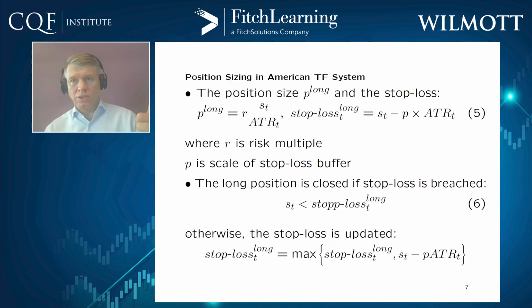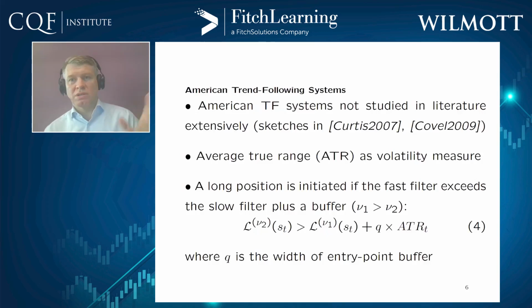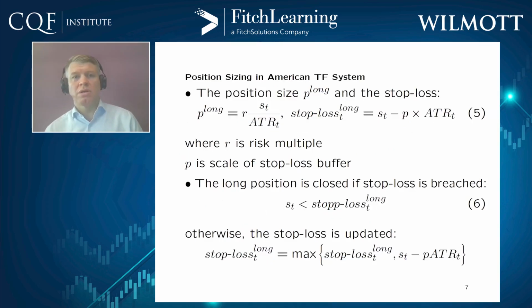So once you see a signal, a breakout, you size using this average true range, which is some sort of volatility measure, and you also set up a stop loss, and then the position will be liquidated when the spot drops below the stop loss. Otherwise, if the trend continues, the stop loss will be updated.